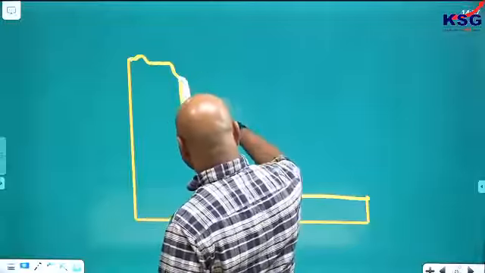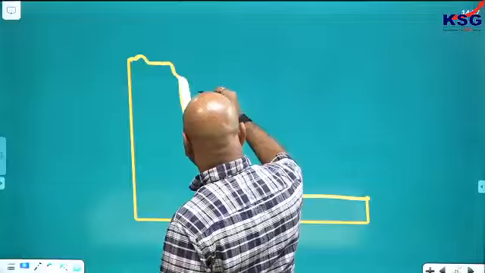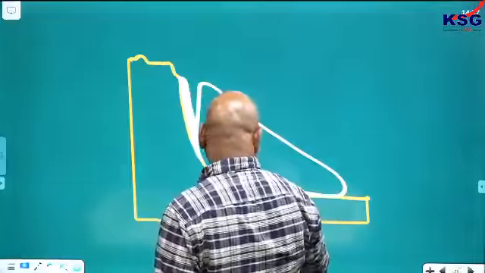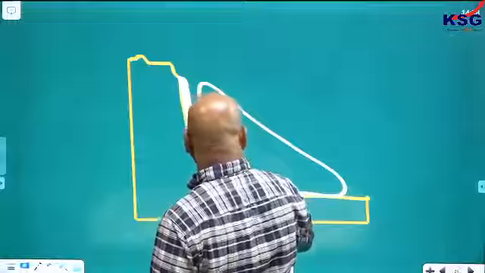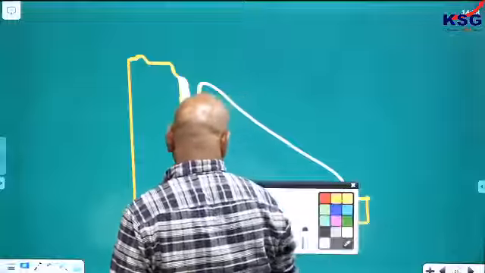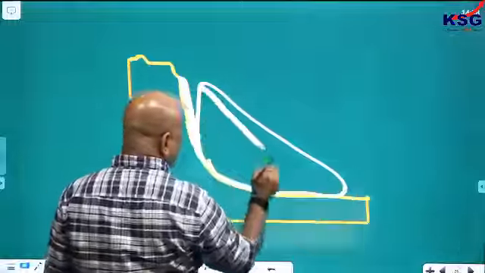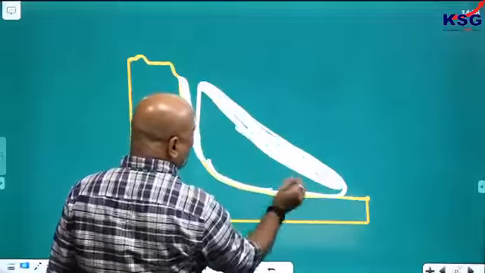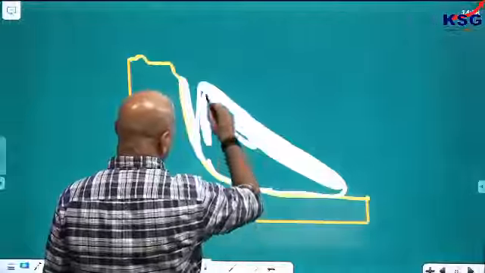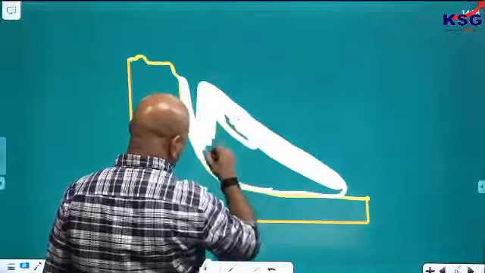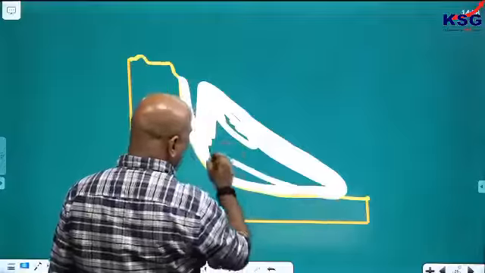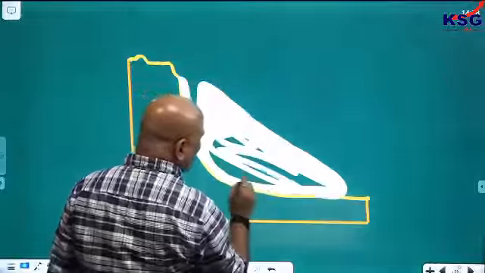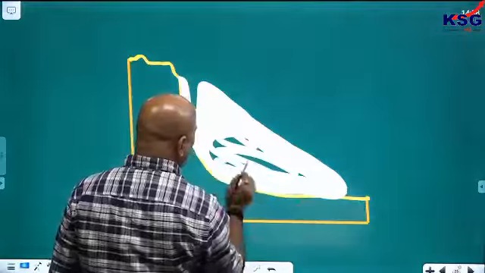So what will happen with this glacier? Let's say this is a glacier. These are ice, and a glacier is formed here. And this glacier now, because of more weight, will glide.